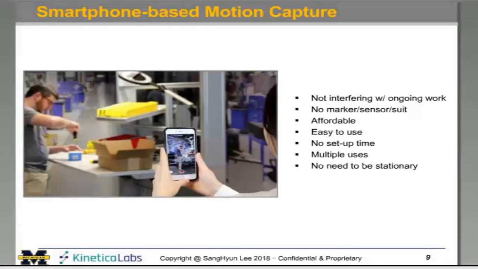Also very easy to use. The software will figure out what the worker is doing. And also no setup time. It doesn't require any T-pose for setup, so you can just record the video and get the data. It can also be multiple use, meaning that many people have smartphones, so many people can simultaneously walk around the site and get the data. Also, no need to be stationary. Some systems require a fixed camera, but this one doesn't.